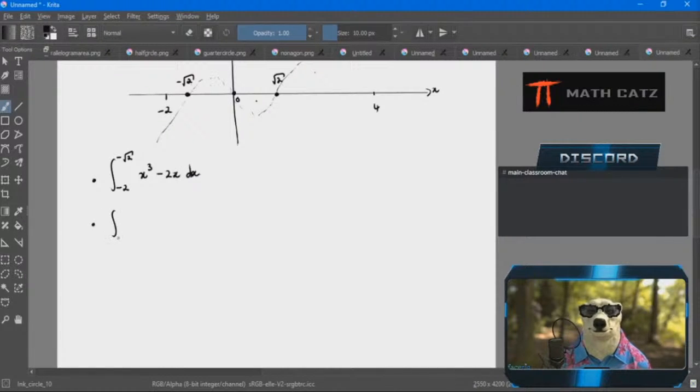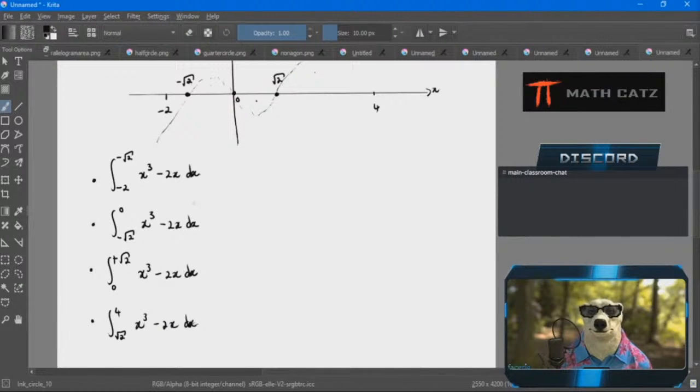Then I have to calculate negative root 2 to 0, but it's the same function, so the antiderivative is going to be the same. It's just a calculator hassle, really. Then I have to calculate 0 to positive root 2. Same function. And then I have to calculate root 2 to 4. Same function.